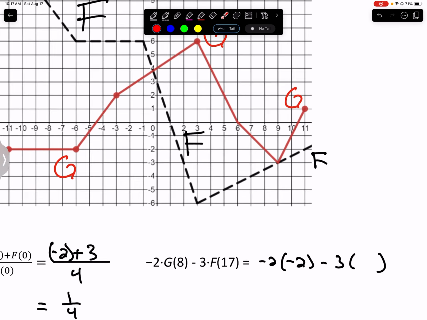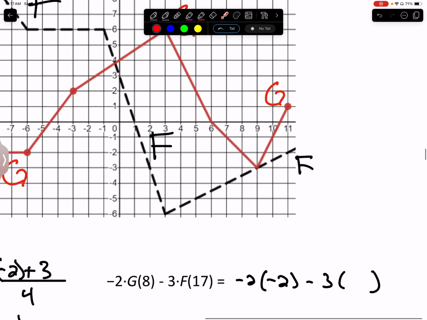Because if we look at our graph, it doesn't even go far enough to the right to be able to easily tell what that is. However, as discussed previously in a different section, if your graph stops at the end of the coordinate plane, the assumption is it's going to continue. As opposed to g here, there's a closed dot, so we know that ends.